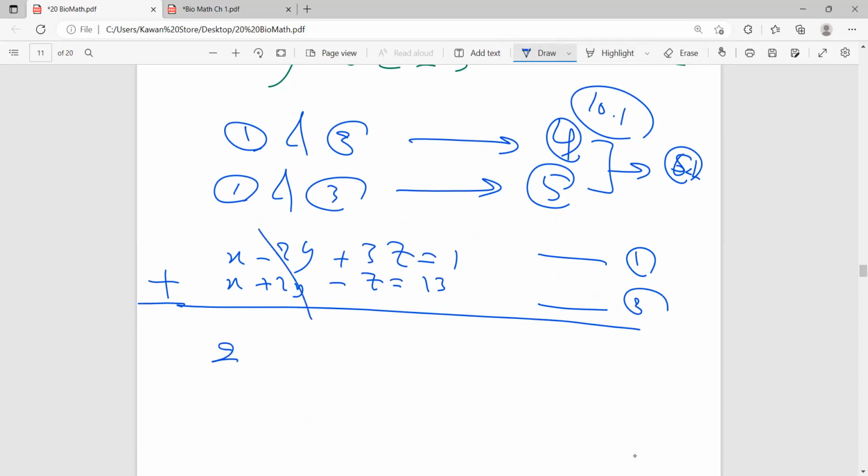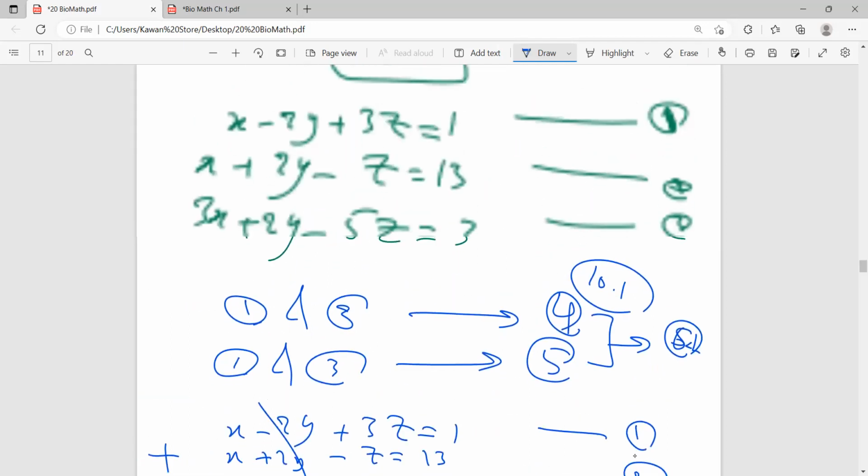So I'll get 2x. Now you understand what I mean by equation number 4, right? But careful, equation number 4 contains which variables? If I add or subtract equation number 1 with 3, I should remove y. Understood? You got it? Good.